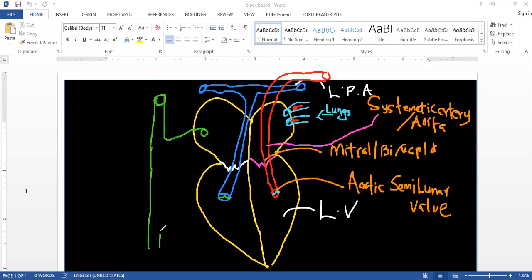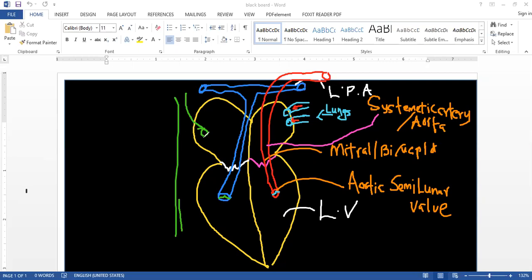There are two vena cavas. This is the superior vena cava, and this is the inferior vena cava. Vena cava means perinalangal.